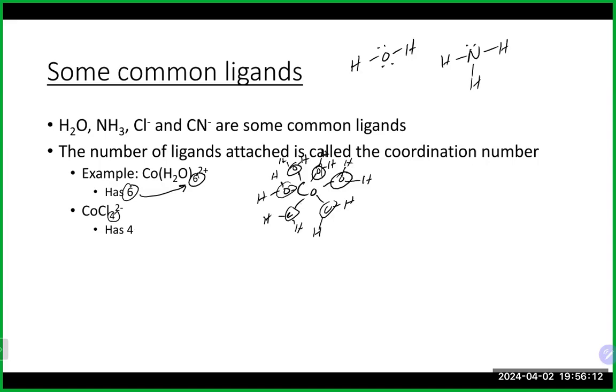But there are also some ligands which are sometimes referred to as being bidentate. For example, our friend oxalate here looks something like this. So this is oxalate, which is a bidentate ligand, which means that if you hooked up oxalate, for example, with a metal, you're going to get a 2-for-1 deal here.